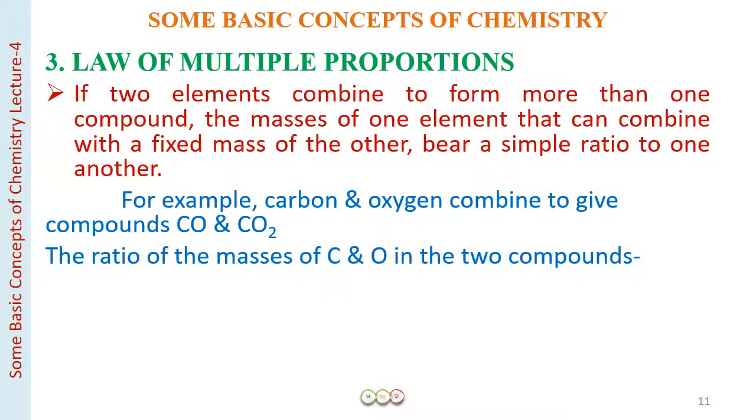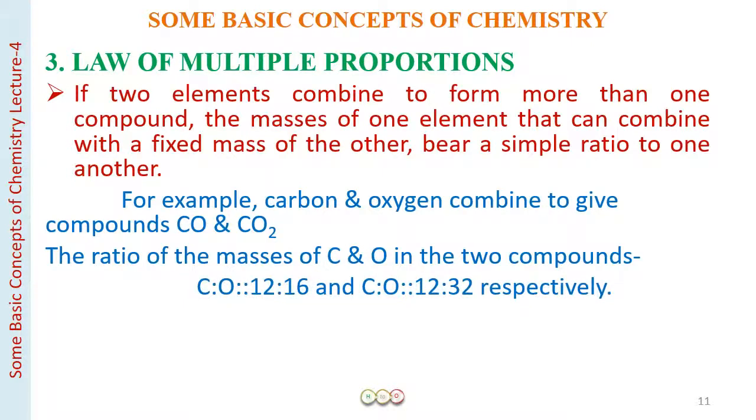So the ratio of masses of carbon and oxygen in the two compounds. First we have carbon monoxide. So one atom of carbon and one of oxygen, so it is 12:16. Whereas in carbon dioxide, we have one carbon and two oxygen atoms, so the ratio is 12:32.